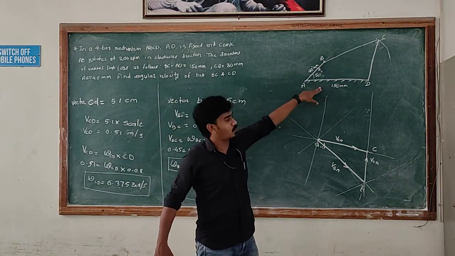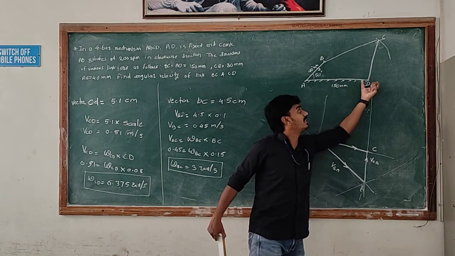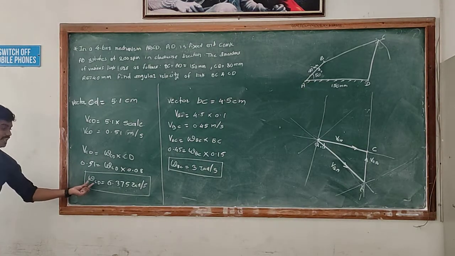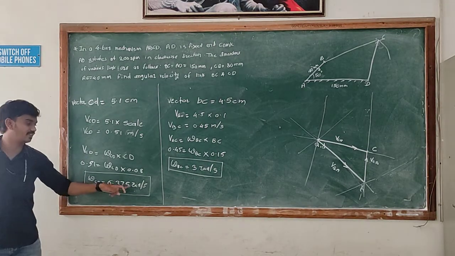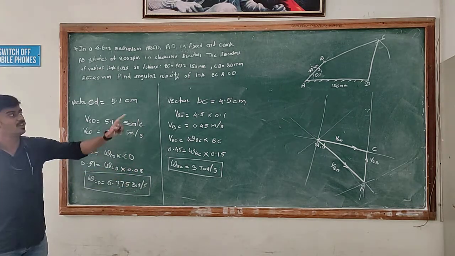If this rotates in a clockwise direction, then it also rotates clockwise with the center D. So the angular velocity of link CD is 6.375 radian per second and its direction is clockwise with the center D.